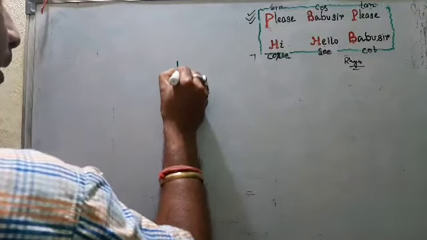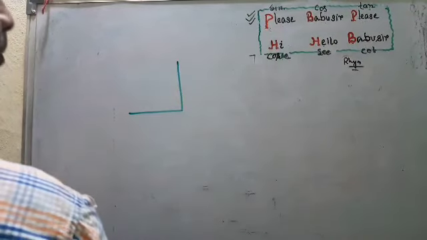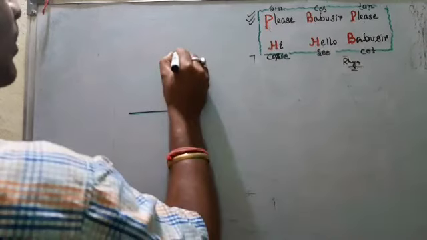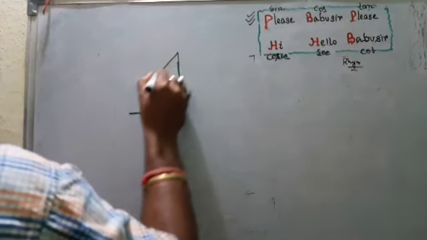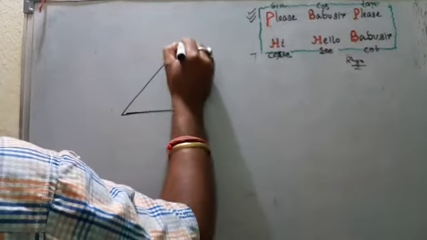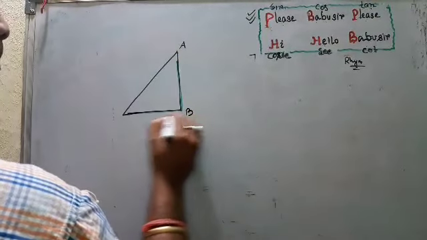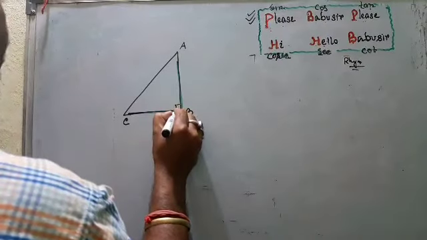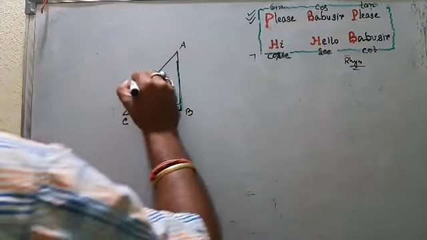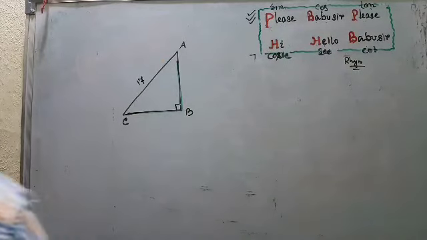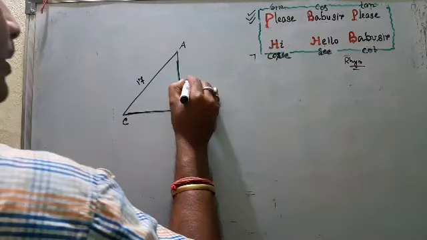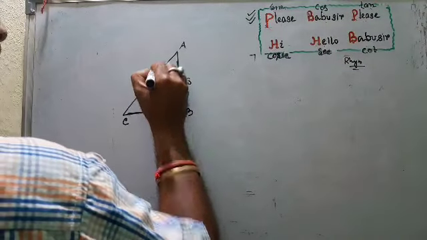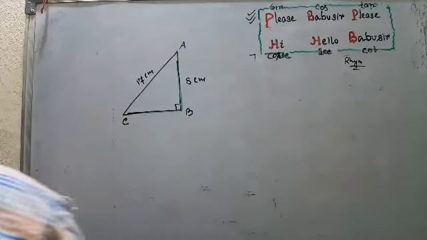Suppose there is a question like this. This is a triangle whose sides are given. This is my A, B, C, and this is 90 degree, and this one is given 17, not 17 degree, 17 unit. Okay, take 17 centimeter. This one is given 8.